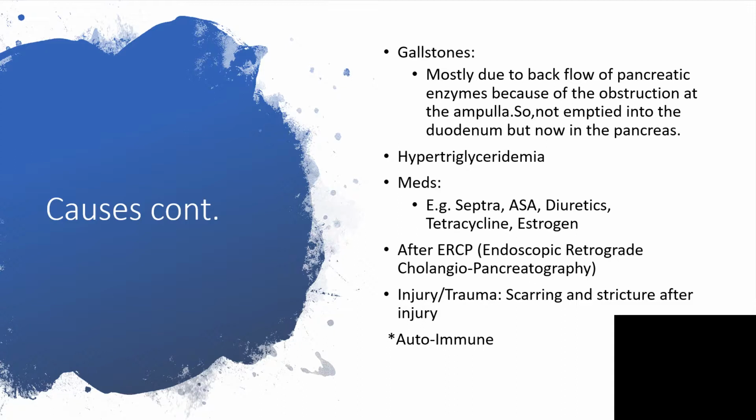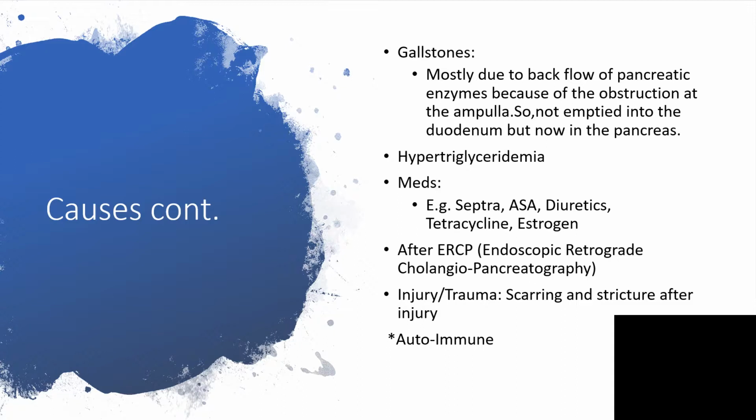Injury or trauma may lead to scarring, and after that we have what we call stricture. With that, there won't be flow of the pancreatic enzymes to the ampulla of Vater and to the duodenum. Autoimmune. Like I've said in many of my presentations, when you find one autoimmune condition, you should be on the watch out for the rest.